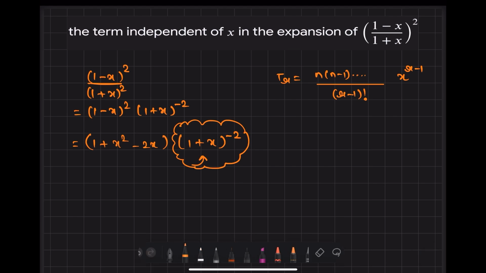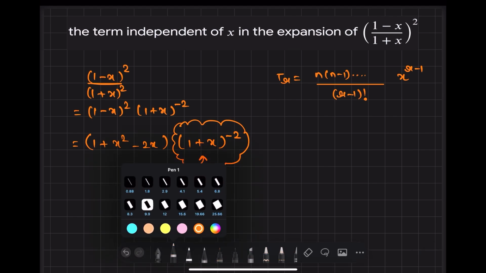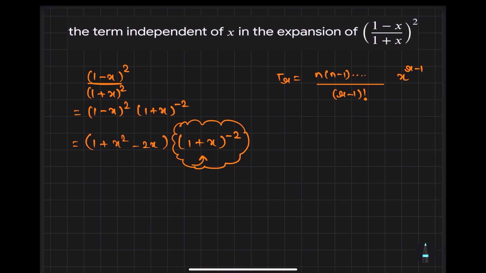Okay, now look at this. Suppose the term which is independent of x is this thing multiplied with x power 0 of this thing. Correct? Means here x to the power is 0, so there also we will have x power 0, the required value.